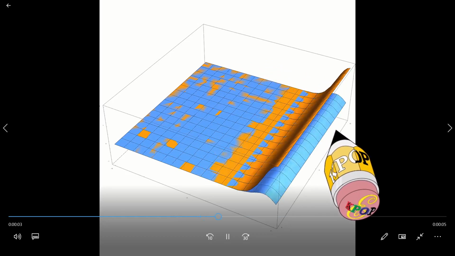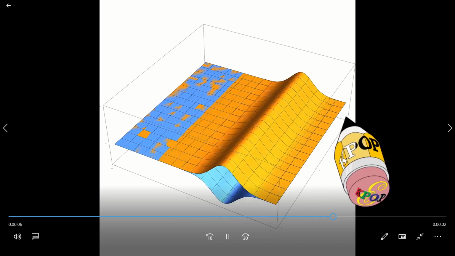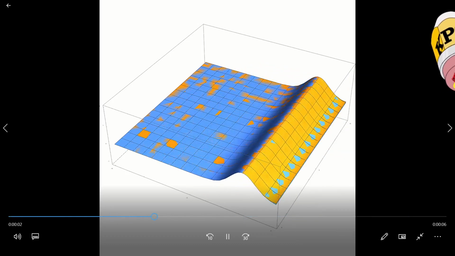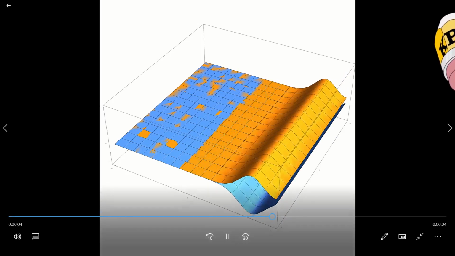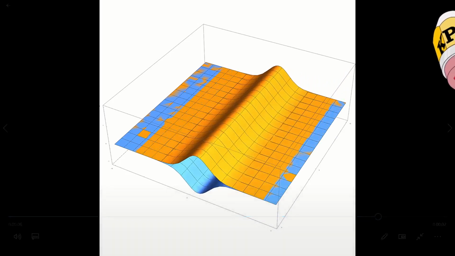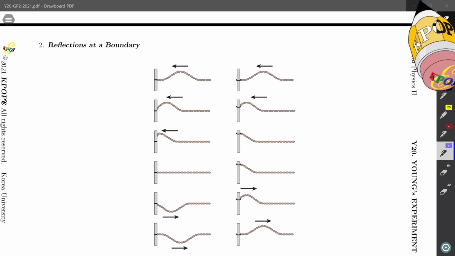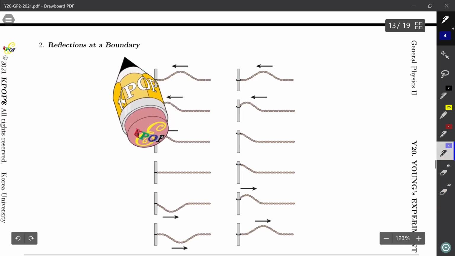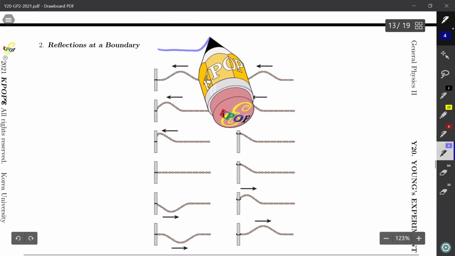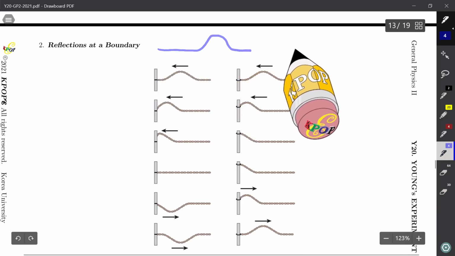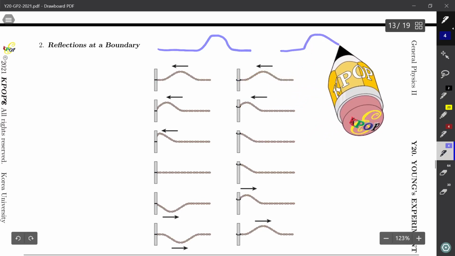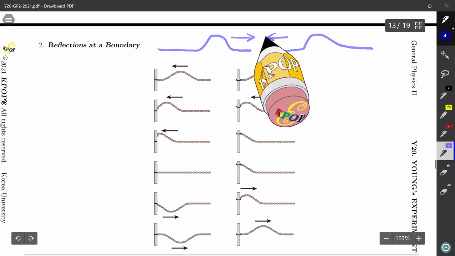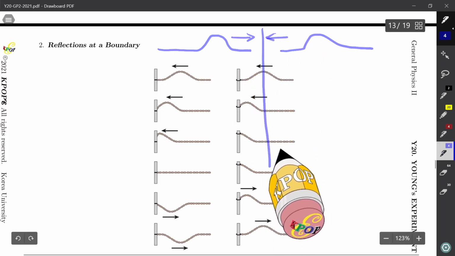And actually, it can be interpreted in a different way, in a very easy way. Free end is a collision of two wave packets. And actually this part, the right hand side, is hidden.